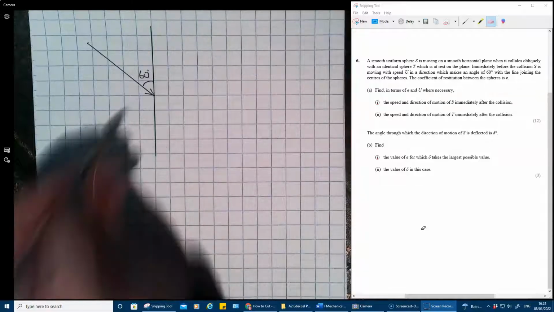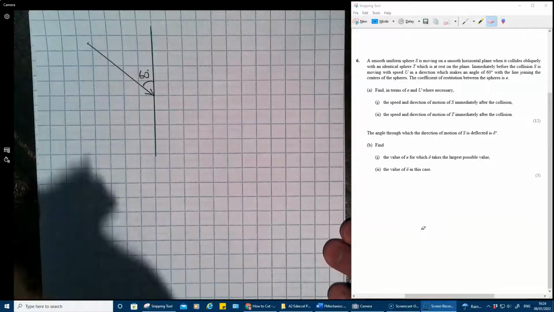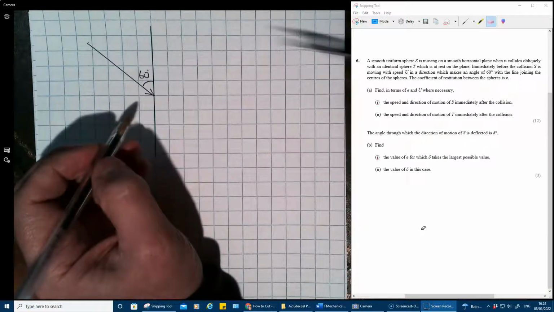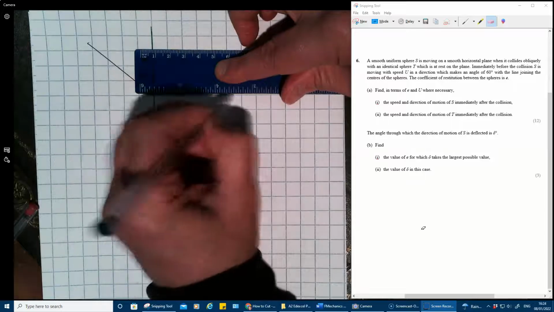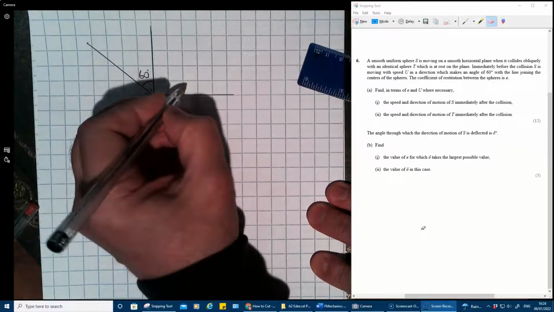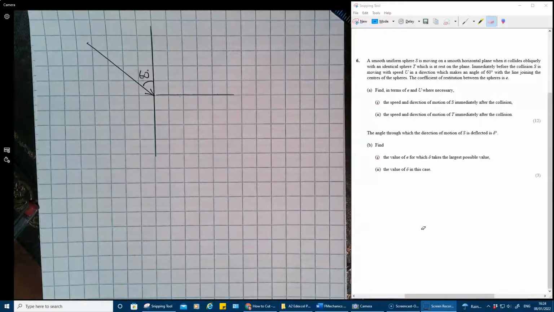Oh, did I find the direction of S? Don't think I did, did I? So I'm going to have to do the direction of S in a moment. What we know is that S went in this direction. This was from before.